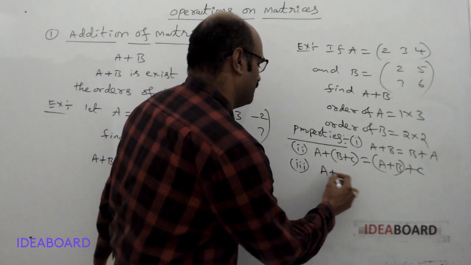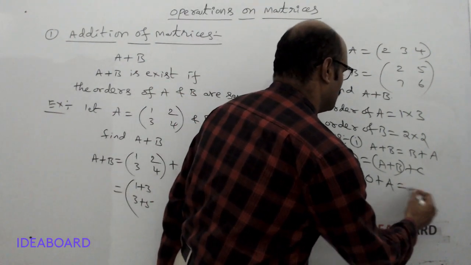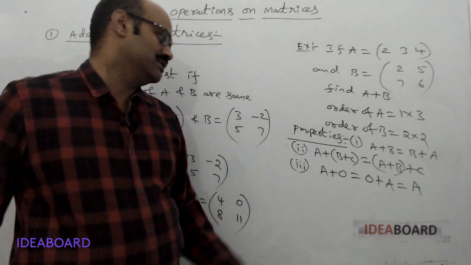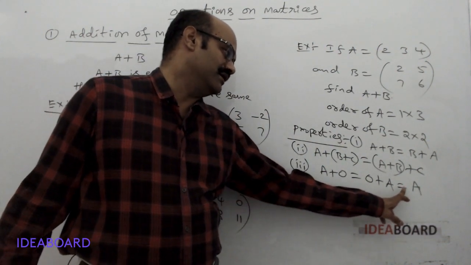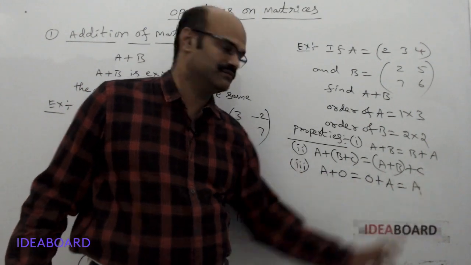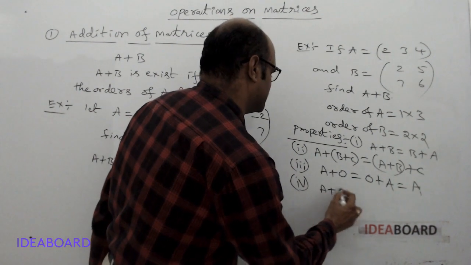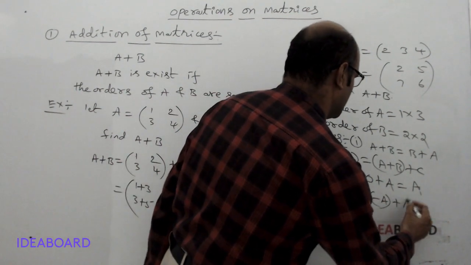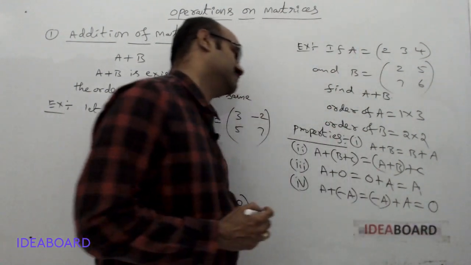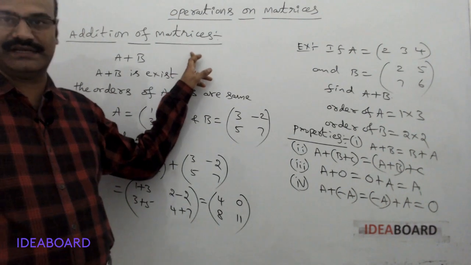Also we have A plus O equal to null matrix plus A equal to A. A plus null matrix equal to null matrix plus A is always equal to A. A plus minus A equal to minus A plus A equal to null matrix. These are the properties of addition of matrices.